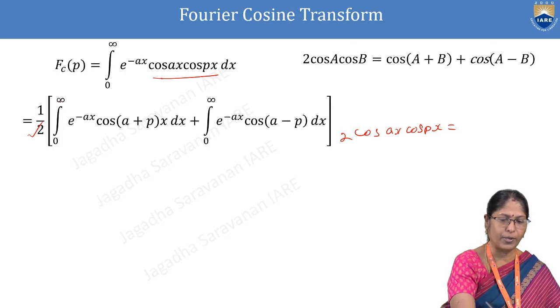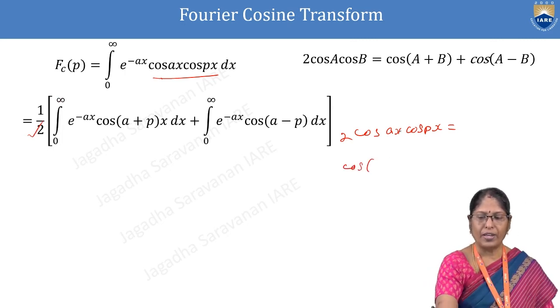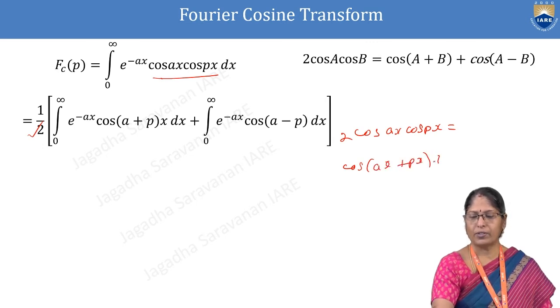That is the reason it has become 1 by 2 cos of A plus B, that is ax plus px, plus cos of ax minus px.